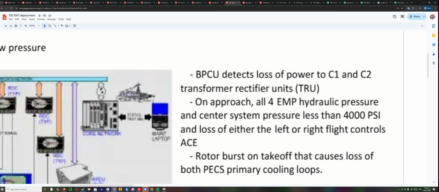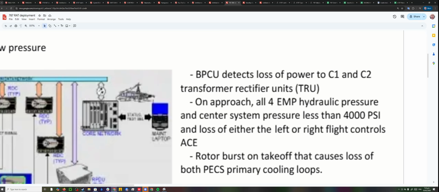A rectifier unit is something which takes the higher, not necessarily higher, but in this case the higher alternating current voltage and turns it down to a lower DC voltage, 28 volts direct current. Now, these TRUs have an electric load control unit on the input, controlling them with a current transformer current detection system, looking at current going into the C1 and C2 from the generators.